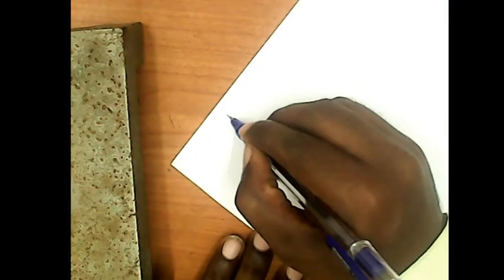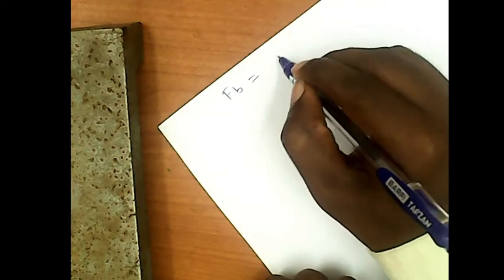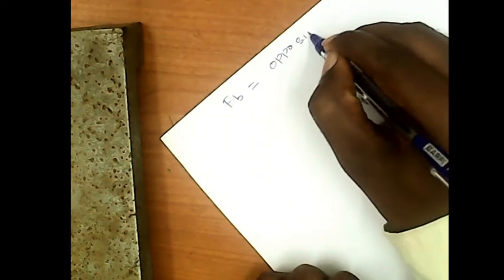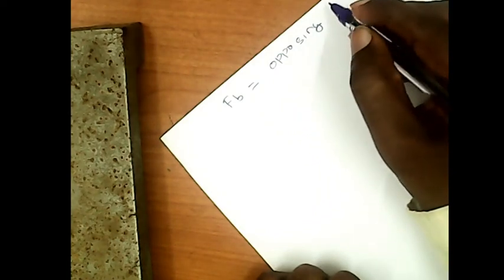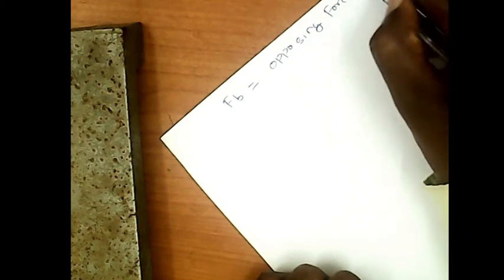Now we also go through some basic terms which are very important in translation motion, that is Fb. Fb is the opposing force by elasticity.